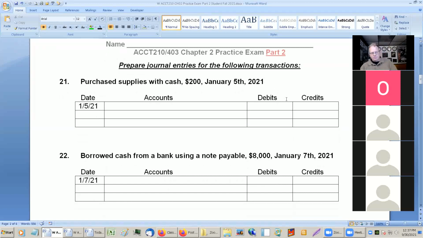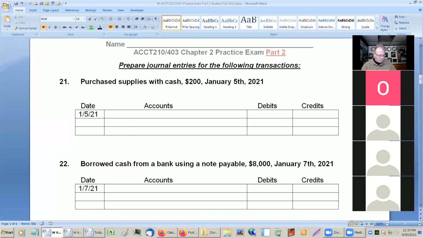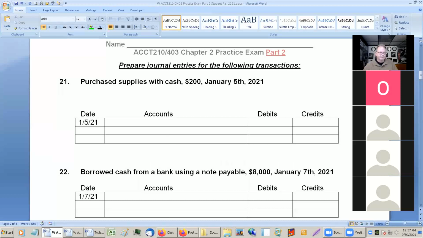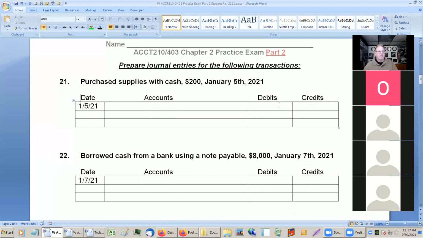Okay, so what accounts are we going to need for this one? Purchase supplies with cash. Cash and supplies. Yep. So we need cash and supplies.